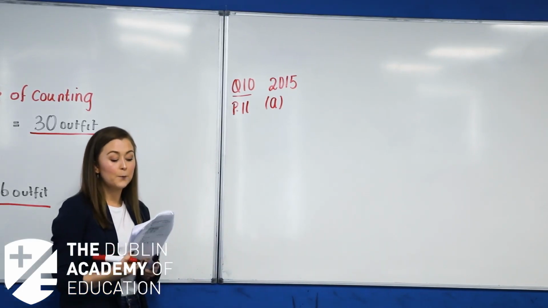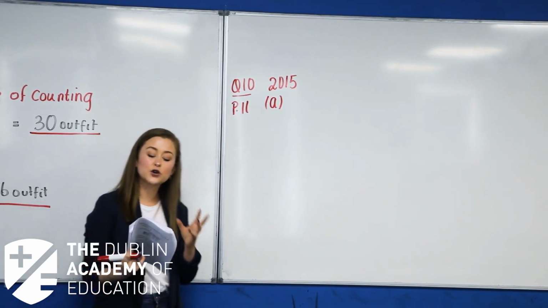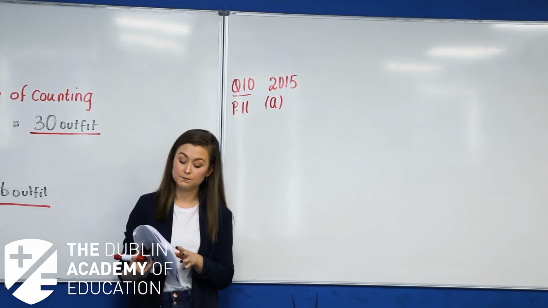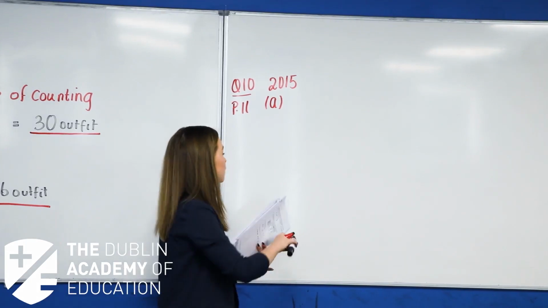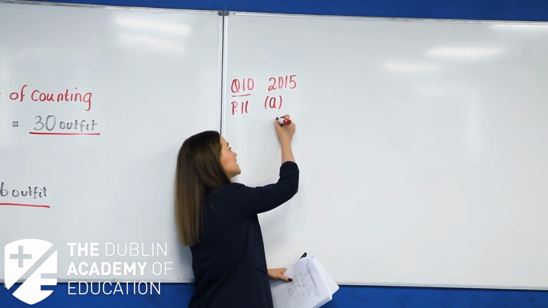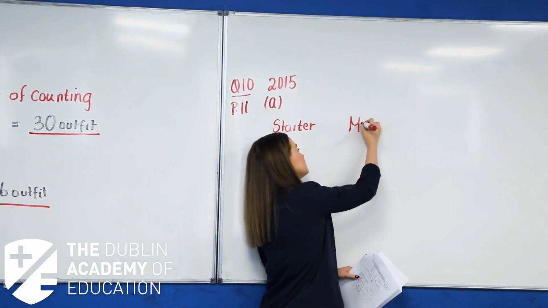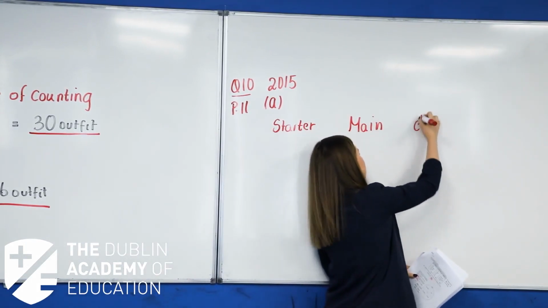They say, below is a menu for a restaurant. There's a 3-course dinner. Now, for your 3 courses, like when you go to a restaurant normally, you have a starter, a main course, and a dessert.